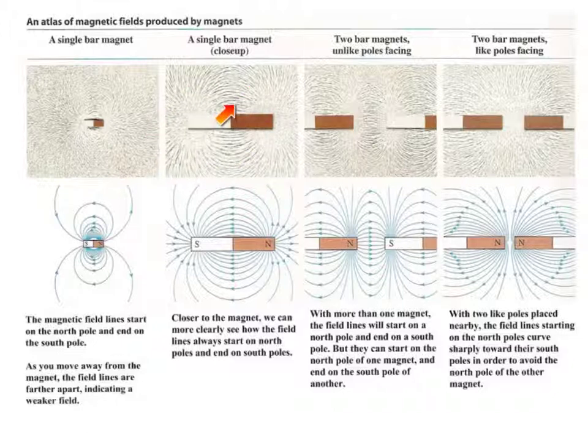If we put 2 bar magnets with unlike poles facing each other, then we can see that there's a higher concentration of those filings between them because there's an attraction between them. So the magnetic field of the one magnet comes out and around to its south pole this direction.